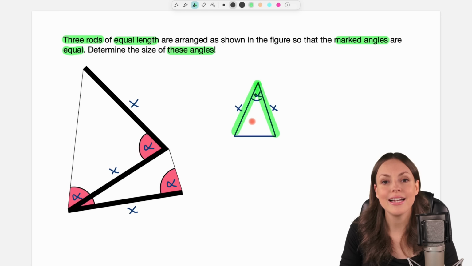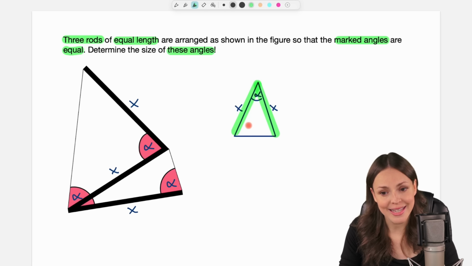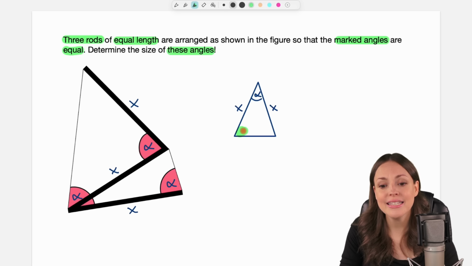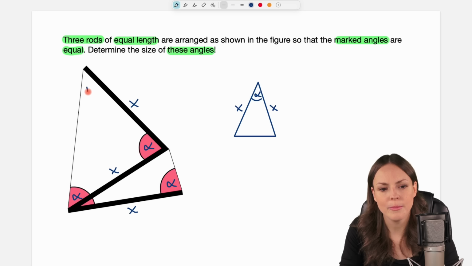This is an isosceles triangle, which tells me then that these angles down here have to be the same. So this angle here and this angle here have to be the same. I don't know how large they are, but I just call them beta for now. So I have beta here and beta also here.